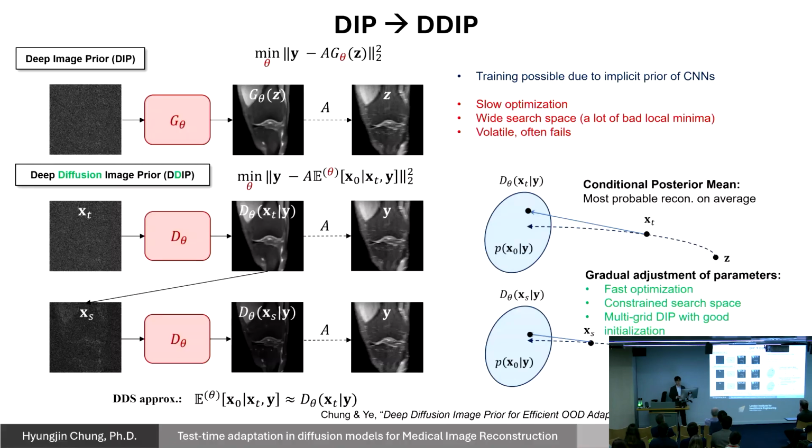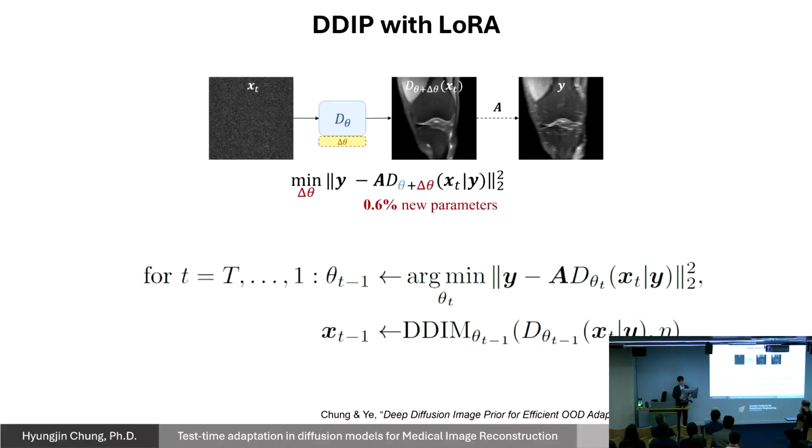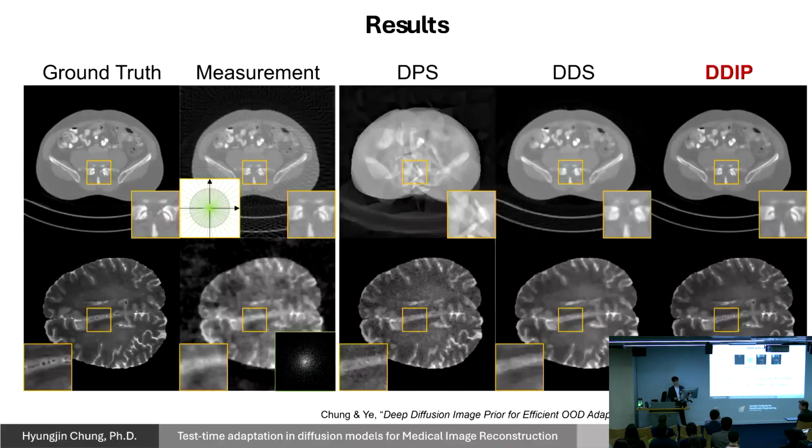Compared to that, since deep diffusion image prior starts from a good initialized estimate of the prior, and it does a multi-grid generalization of deep image prior, it tends to be more stable. If you run different variations of hyperparameters, DDIP tends to work better generally. And since we're doing, in a sense, continual learning from a pre-trained network, it's usually a good idea to use low-rank adaptation so that we don't significantly alter what the prior had beforehand.